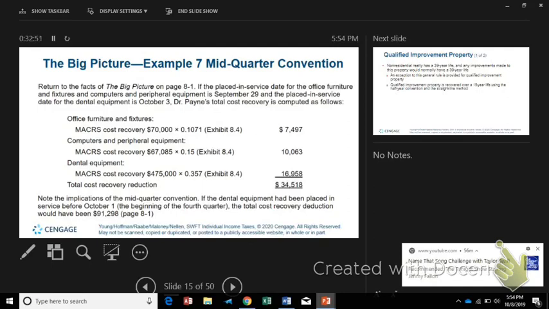That's 7,497. And then we'll take 475 times, and this time 475 as a 7 year in the fourth quarter is 0.0357. That's 16,958. Add that up.